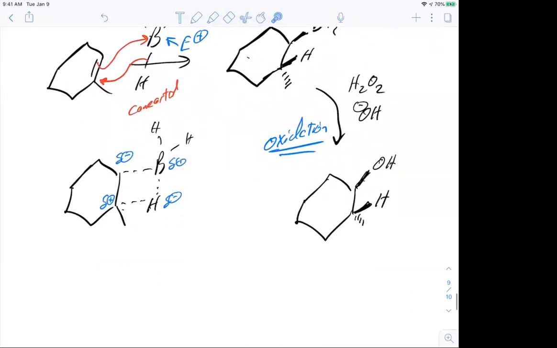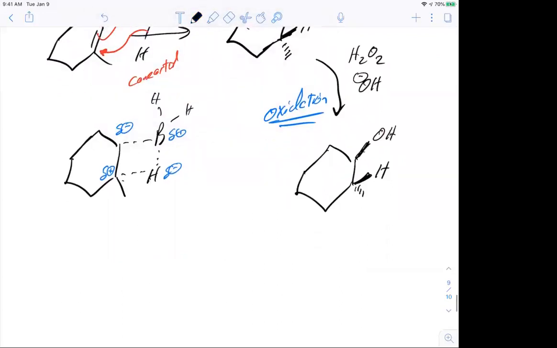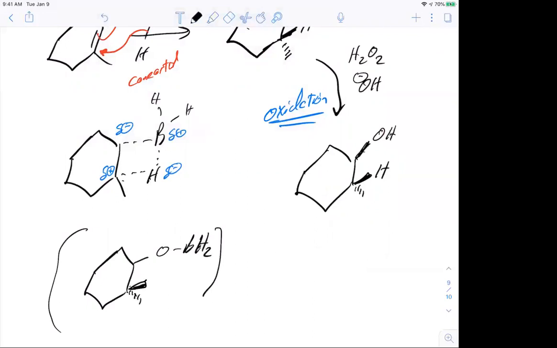The middle process here, and we won't go through the whole mechanism, is that I'm going to end up with insertion. The middle intermediate here is, actually it's not a transition state, it's an intermediate. What I'm going to end up with is the boron oxygen inserted between the boron and the carbon.